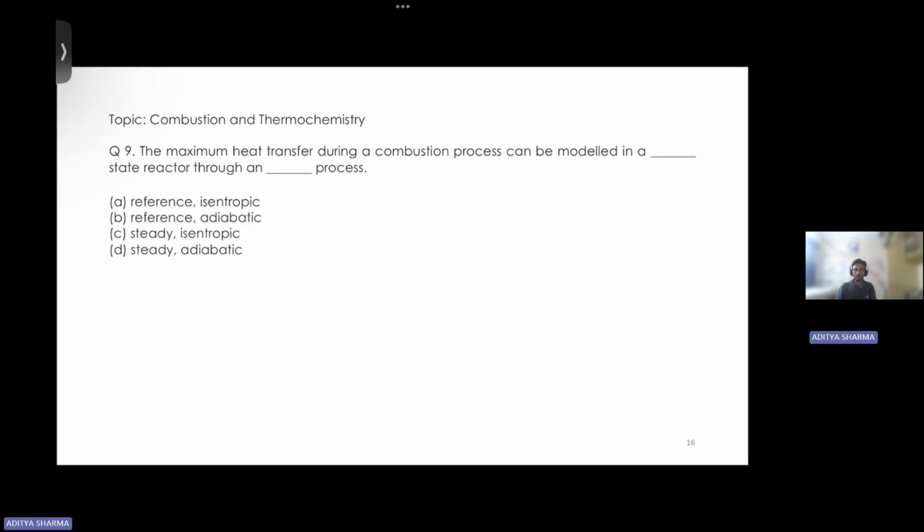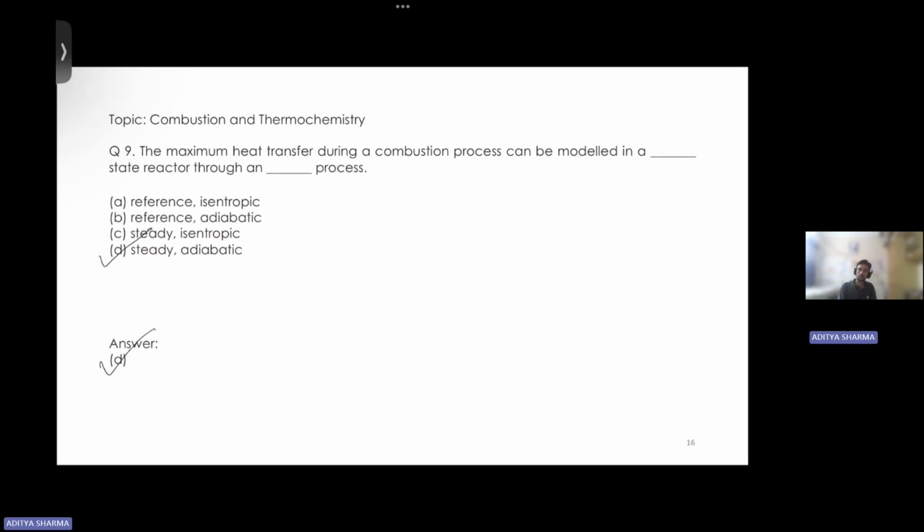Not a reference state reactor, but a steady state reactor. There's nothing like a reference state reactor. Okay, so the option is correct.